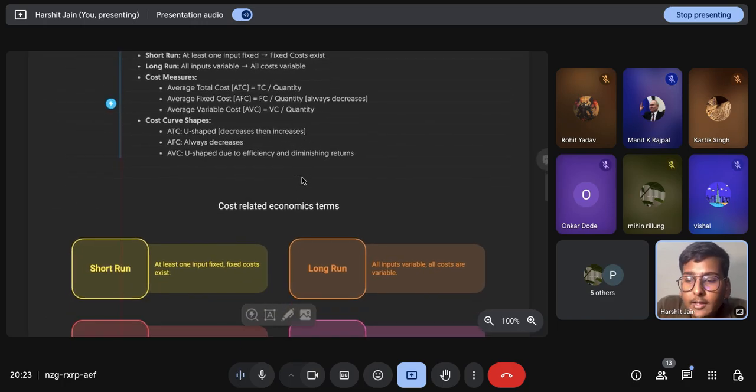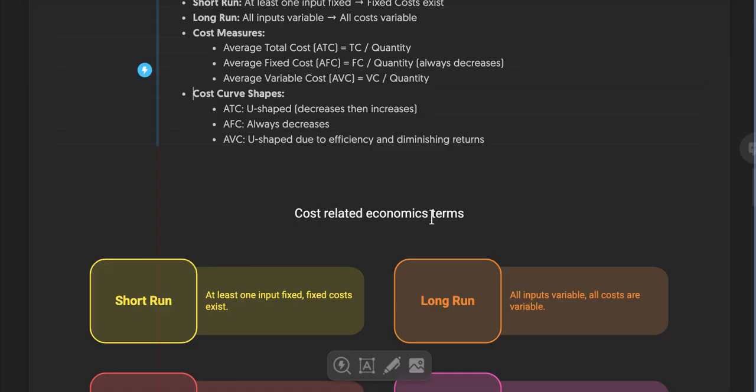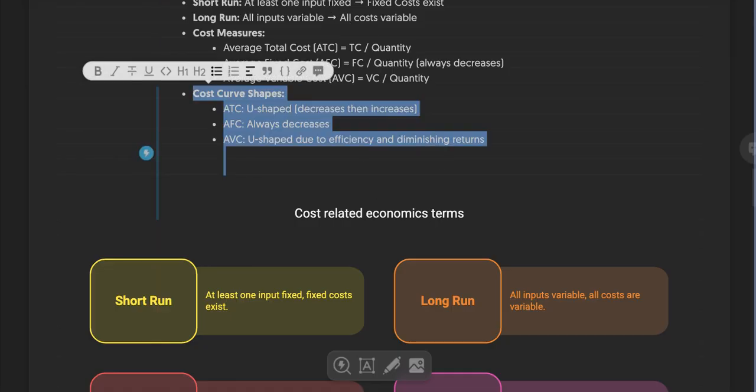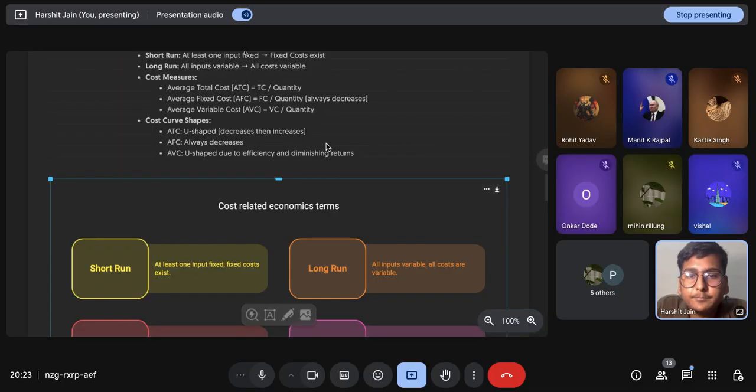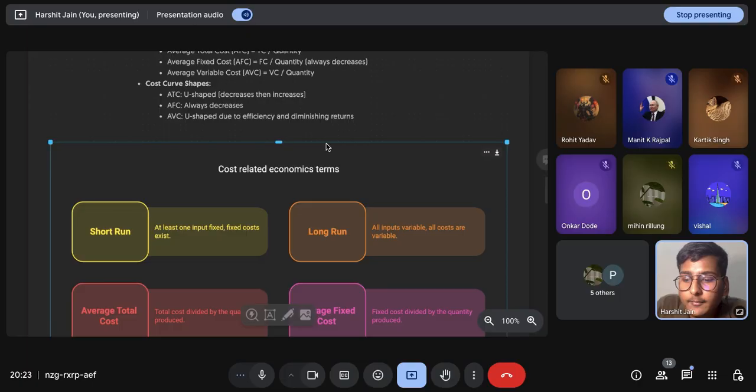The average fixed cost curve always decreases. And the average variable cost is also U-shaped: first benefiting from specialization, then suffering from inefficiency.